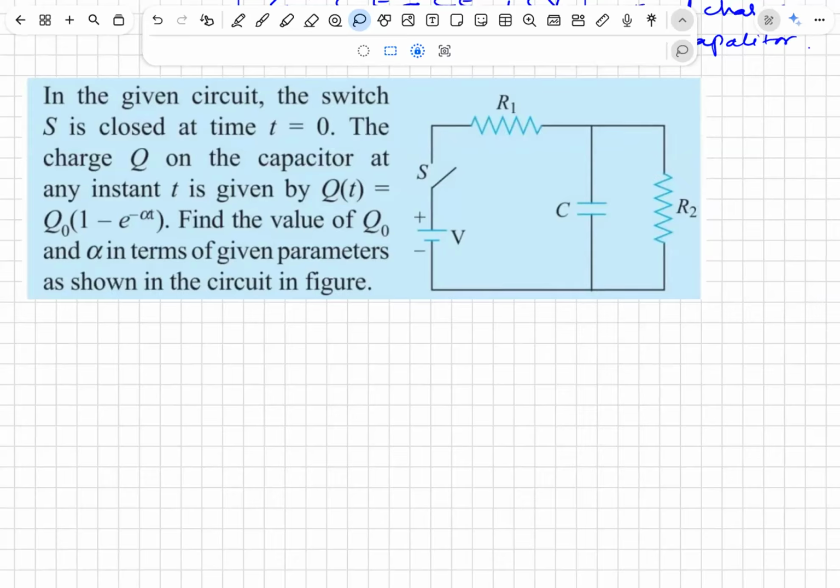Now try to work on this question, everyone.